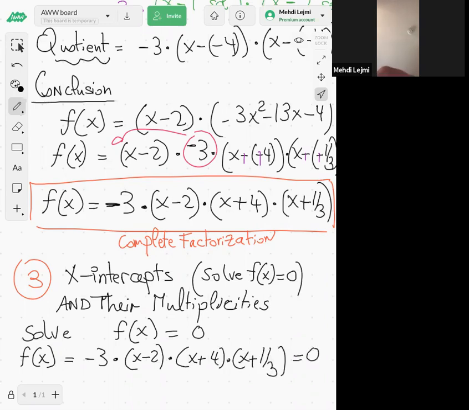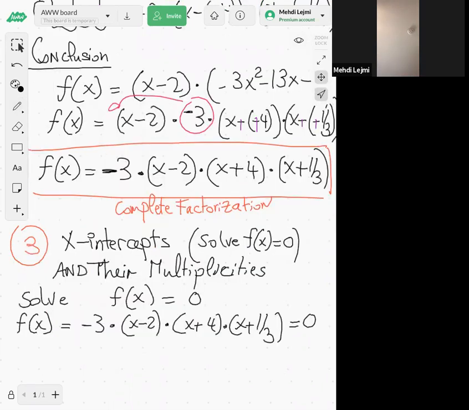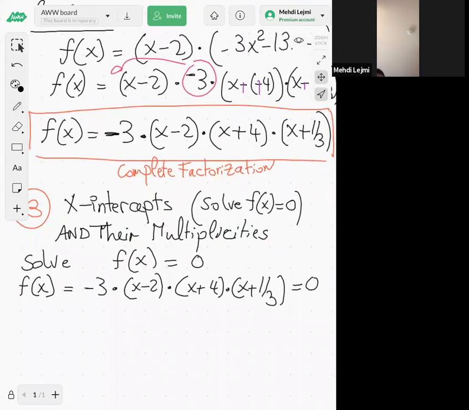Because you see, guys, now my f of x is just a product of factors equal to 0, then one of the factors must be 0. That's why we had to factor f of x completely, because once you factor completely, then you can solve f of x equal to 0 very easily. Because it's a product which is equal to 0, this is really important, then either the first factor is -3, but -3 cannot be 0, right?